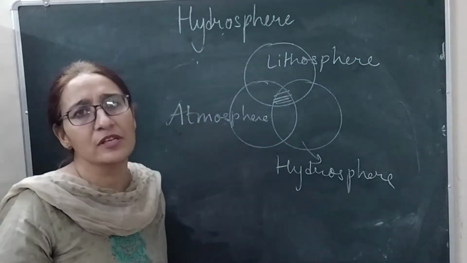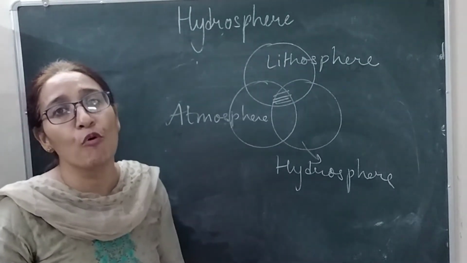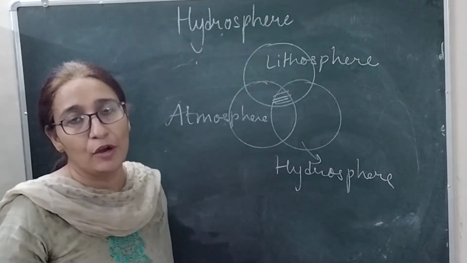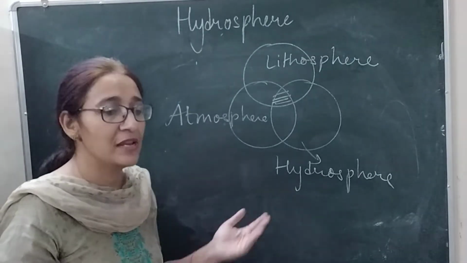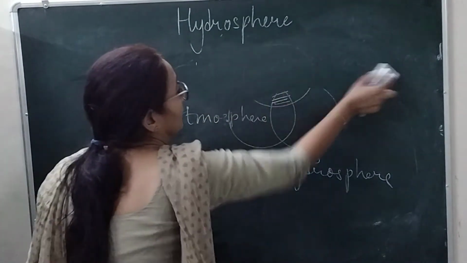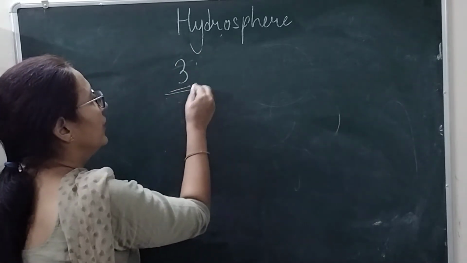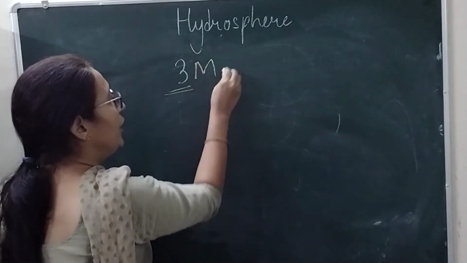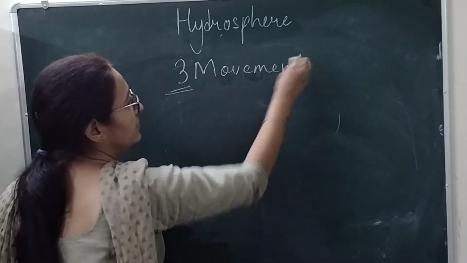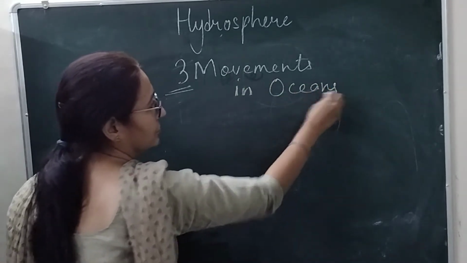Have you noticed that there are 3 major movements that occur in oceans? What are these 3 movements? Let's learn about these 3 movements. Yes, there are 3 important movements in oceans.